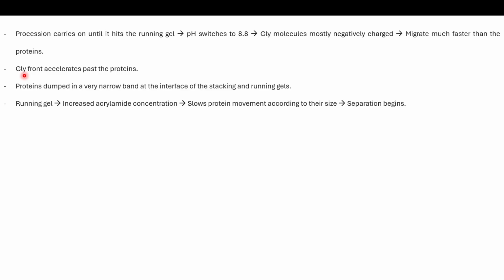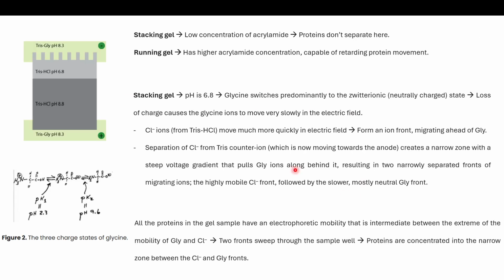but the glycine molecules which were moving really slowly now have a net negative charge, so they will move past proteins, right? Now the glycine front accelerates past the proteins and proteins are dumped in a very narrow band at the interface of the stacking and running gels at this particular point.